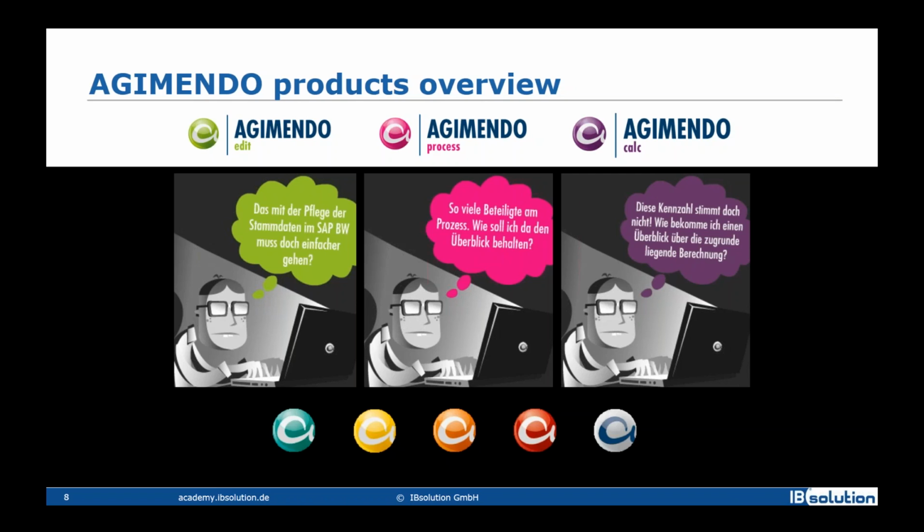For example, AGIMENDO Invest, depending on AGIMENDO.edit, allows you in an hour to build a new info object for investments, to build the AGIMENDO views that use this info object, and the ABAP classes that are going to customize the experience for you, and so on.